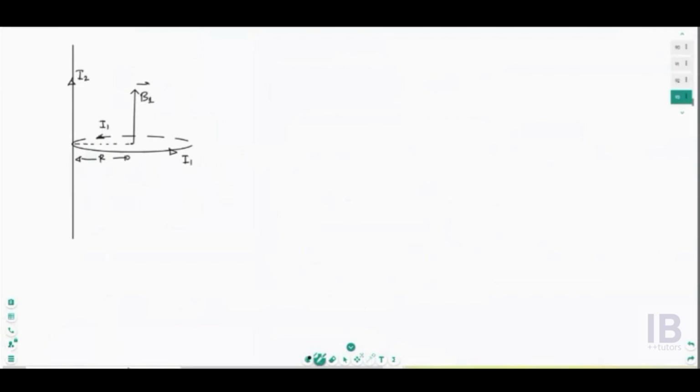Okay. And what about B2? It would be into the page. Perfect. And I can write it like this, right? Yeah. But now, how can I determine the resultant vector?